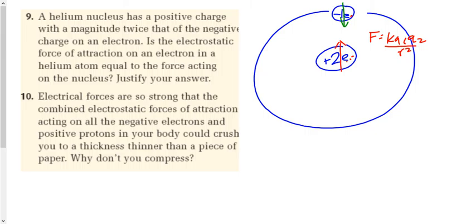Now, the effect of that force on the electron is much greater than the effect of that force on the nucleus. Can anybody tell me why that would be the case? You're not asked that in the question, but it's a good follow-up. Why is the effect greater on the electron? Even though the force is the same, the effect of the force isn't the same.